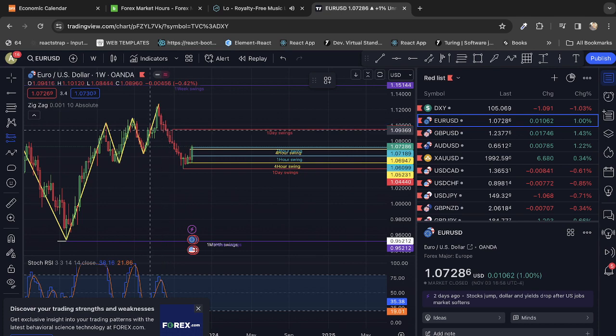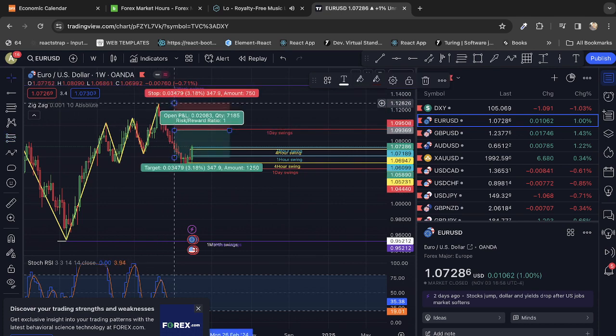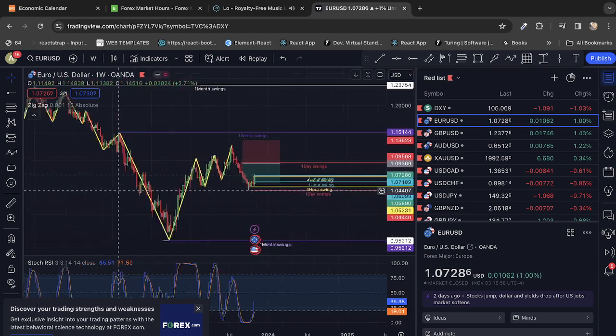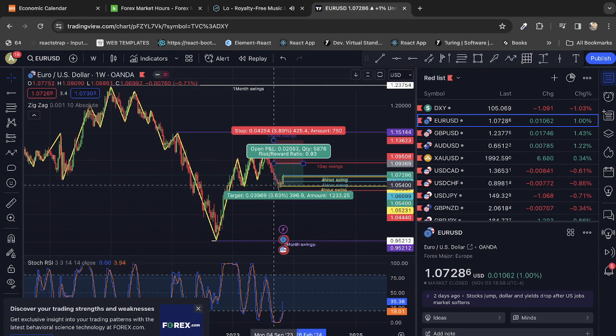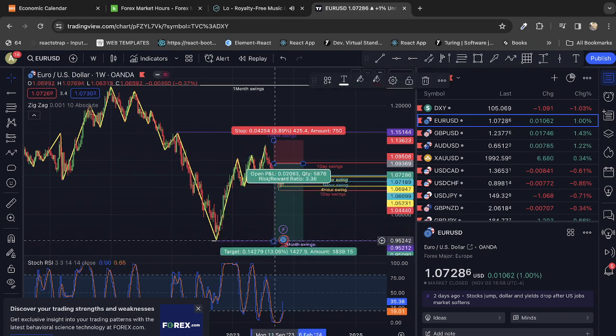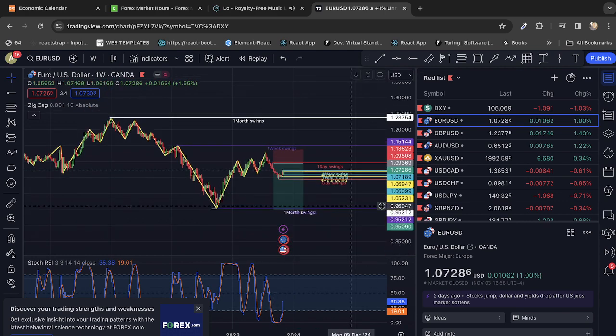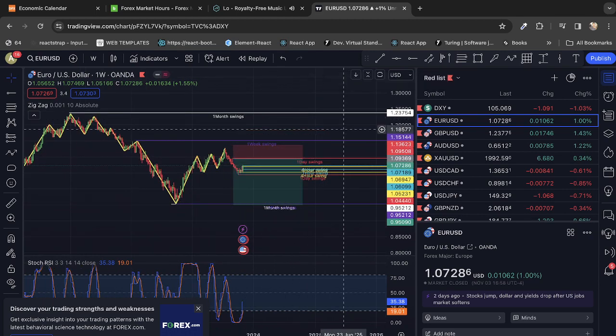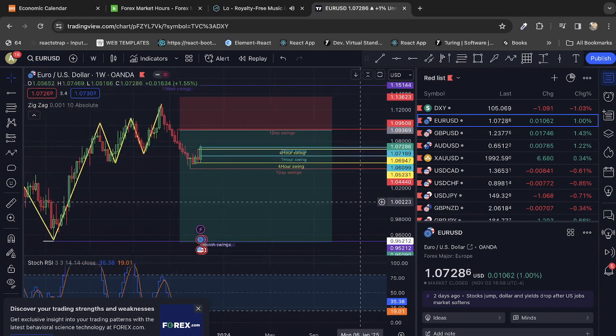So I'll be speculating, maybe entering the market at this point. Your stop loss should be slightly above this swing high here, and we'll be looking to come all the way back down here. I'll speculate this for EUR on the weekly time frame, something of this nature. This is my speculation.